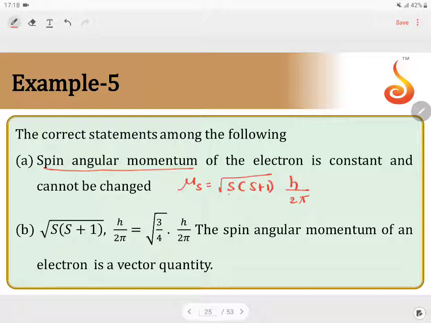What is this S? S is nothing but the total spin. How do you calculate the total spin? It is the sum of individual spin.